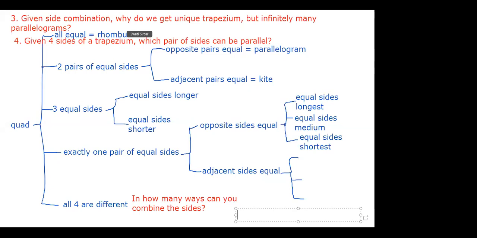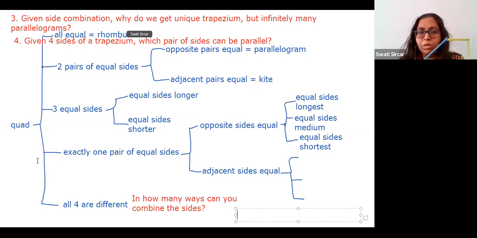Similarly, we have equal sides shortest, adjacent equal sides, and shortest opposite equal sides. And then there are the medium ones.